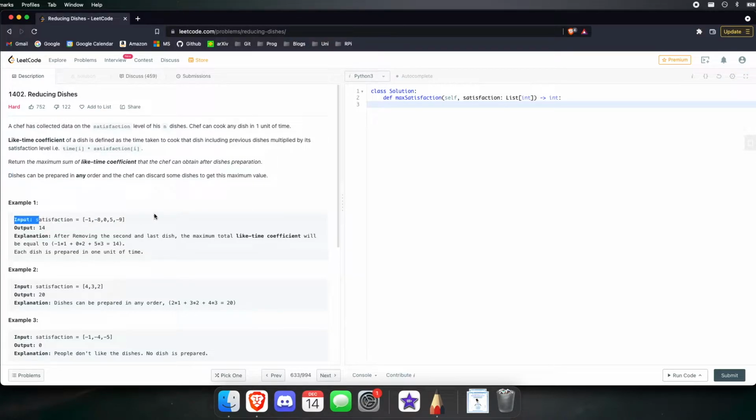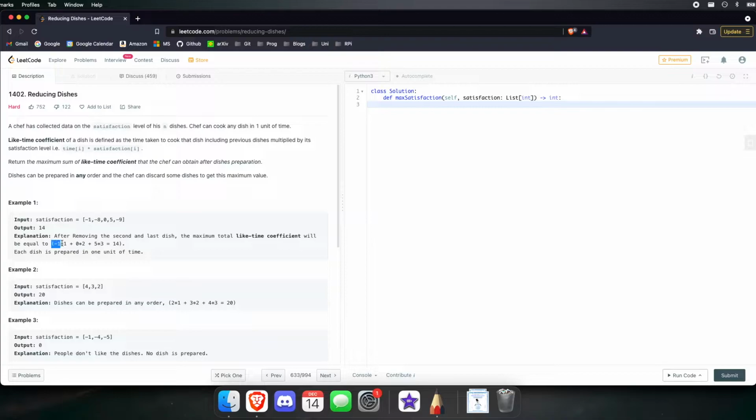So here we get our input array, which is called satisfaction, and it consists of -1, -8, 0, 5, and then -9. Now we want to get this maximum satisfaction value, this maximum like time coefficient value. And we can do this by first cooking the -1 at time 1.